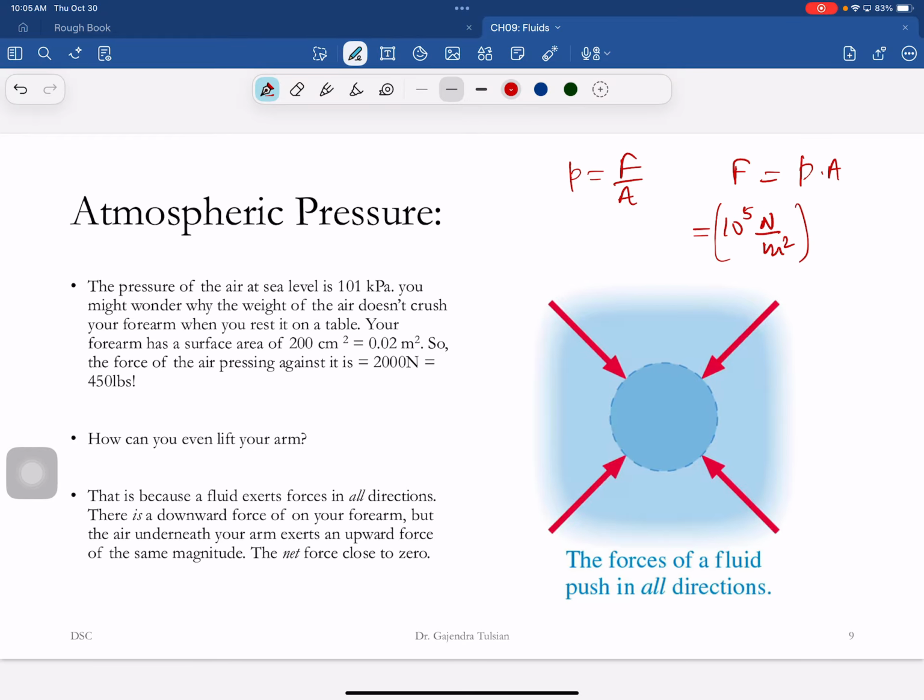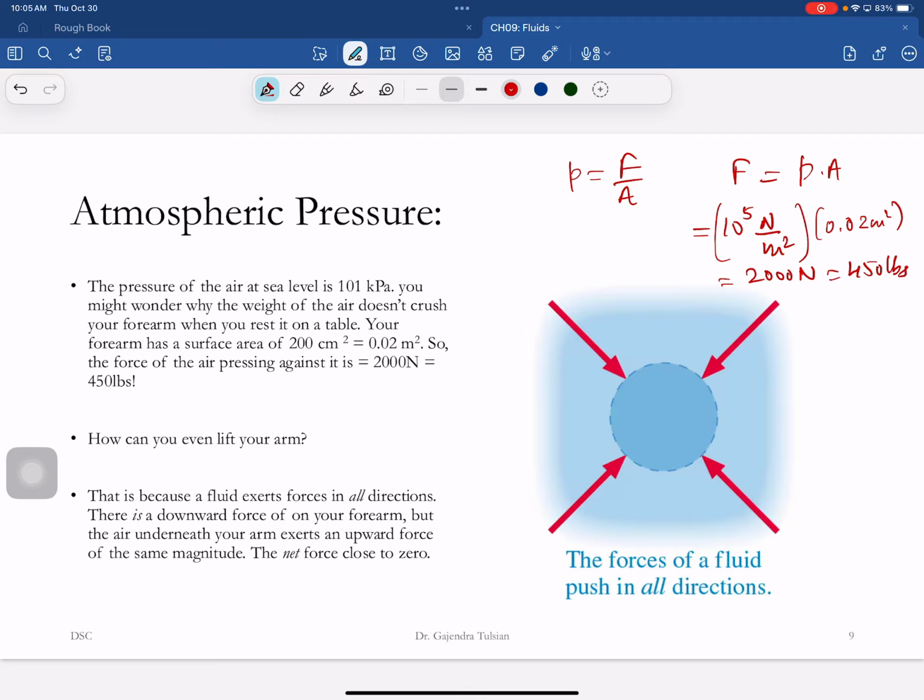And the area of your forearm is 200 square centimeters, which is 0.02 square meters. So we'll borrow 2 of those, make it 10 to the 3. 100 times that is 2,000 newtons. And this is 450 pounds.